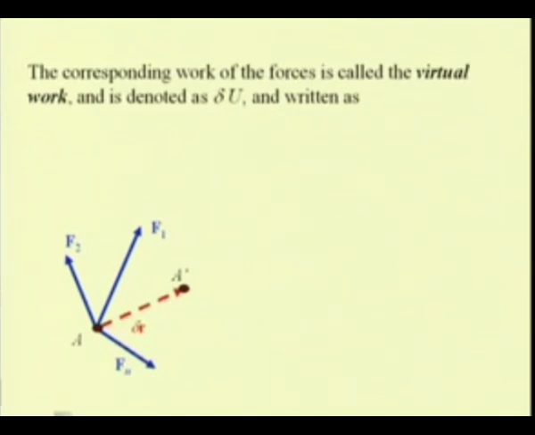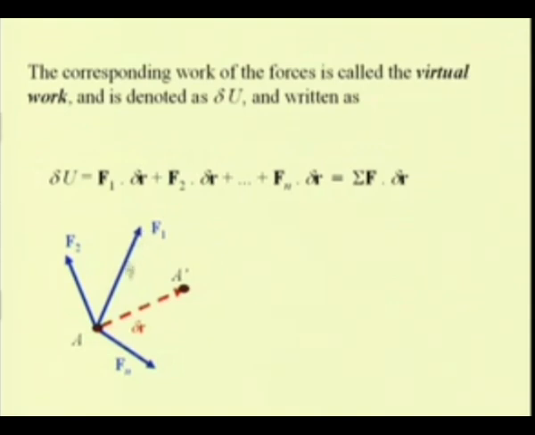So, now let us see what will be the work done because of this virtual displacement. Such a work, the work done because of the virtual displacement, is the virtual work of the forces, and let us designate that as delta U, the virtual work. Now we can write the work done by these individual forces.